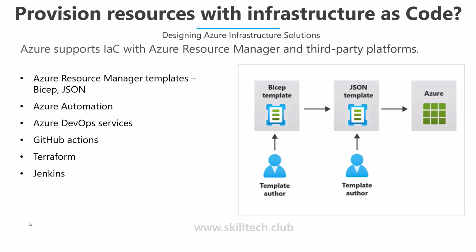You can deploy Azure resources using Bicep templates or JSON templates in Azure Cloud. You can also automate this process with your scripting languages, or you can integrate these templates with your Azure DevOps services. In your build and release pipeline, you can configure this ARM template integration task, and then it will be deployed with that. You can also trigger GitHub Actions in your workflow, and then you can use the templates with that.